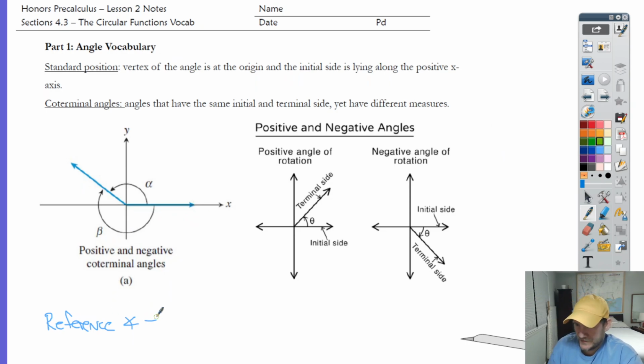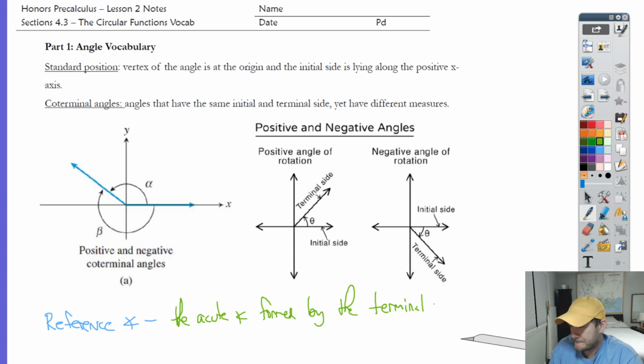So remember, a reference angle is the acute angle formed by the terminal ray and the x-axis. So for an angle like this that they're calling alpha, that looks like it might easily be 140 degrees.